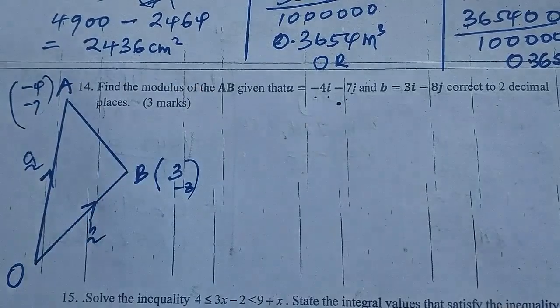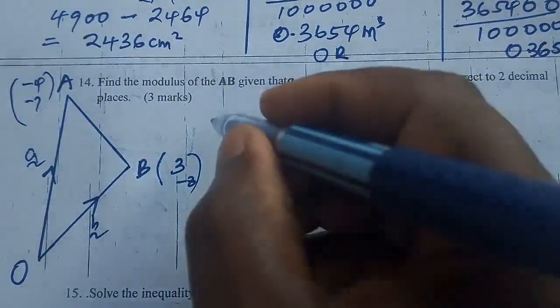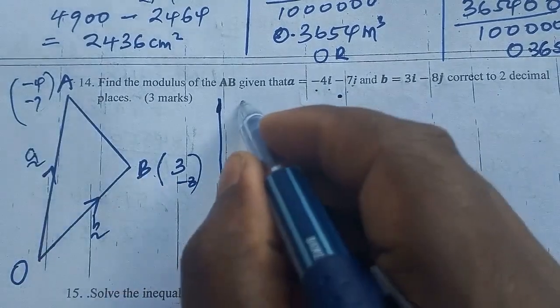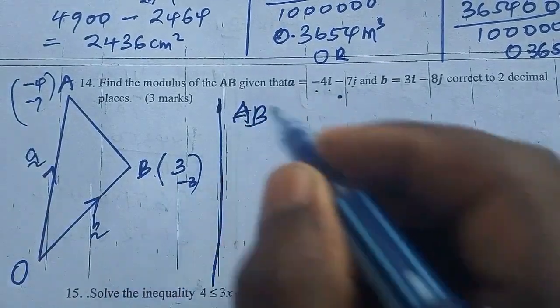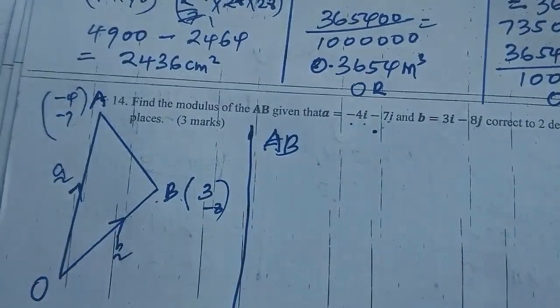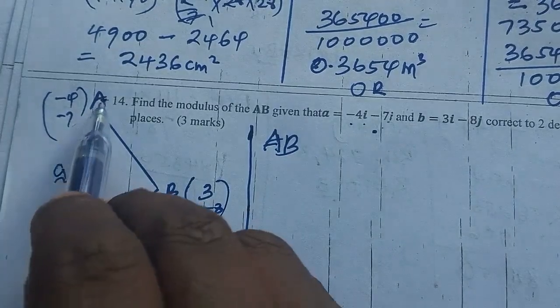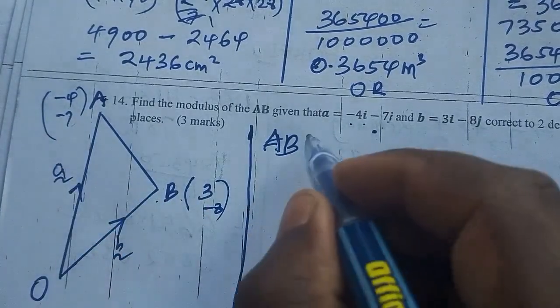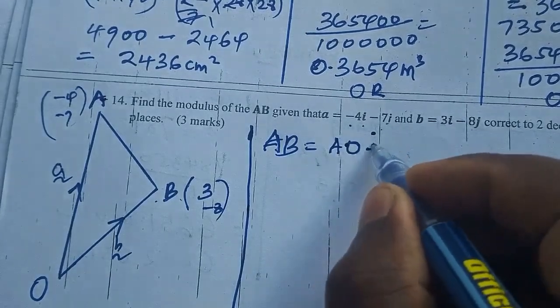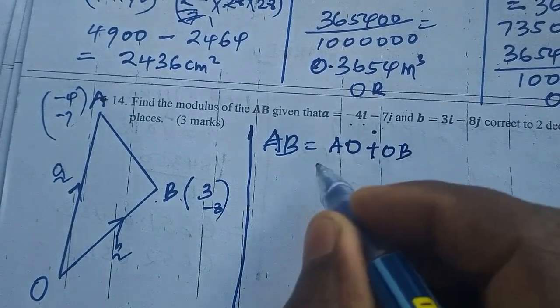But we know that we are asked to get AB first. So AB is equal to AO plus OB, which is equal to this one.